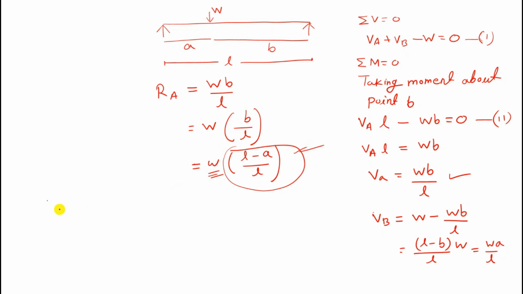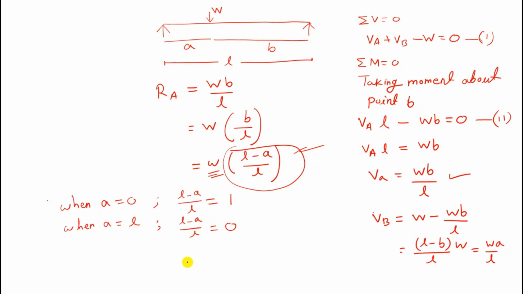So when A equals 0, (L minus A) by L equals 1, and when A equals L, then (L minus A) by L equals 0.